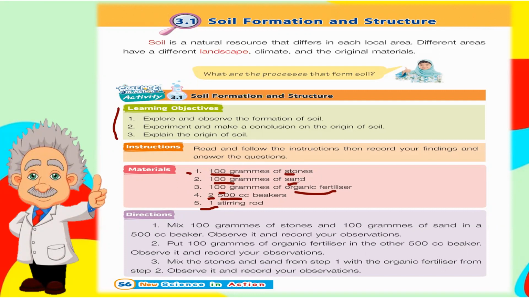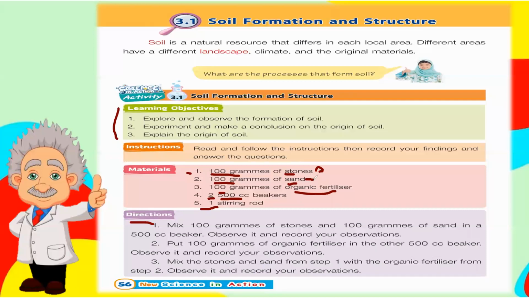So first of all, the directions we are going to follow. First, we are going to mix 100 grams of stones and 100 grams of sand in a 500 cc beaker.